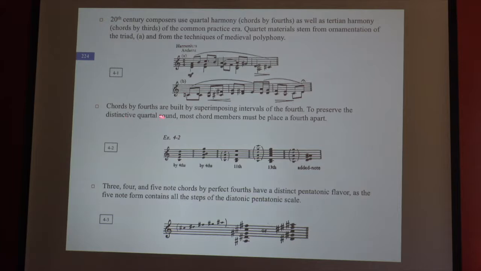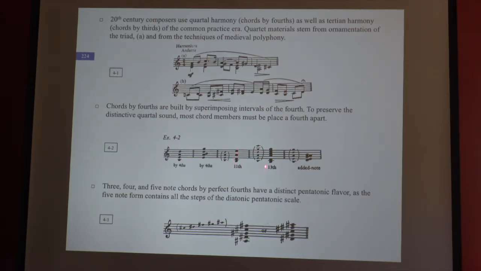So chords by fourths are built by superimposing intervals of the fourth. To preserve the quartal sound, most chord members must be placed a fourth apart. So here we have a chord by fourths. Here's another chord by fourths. Here's an 11th chord.